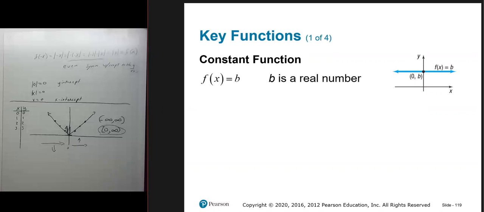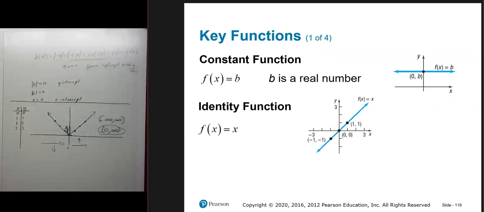Its range is that y value. It's constant over its entire domain, hence the name constant function. And there are some other things, but I can't remember them right now.